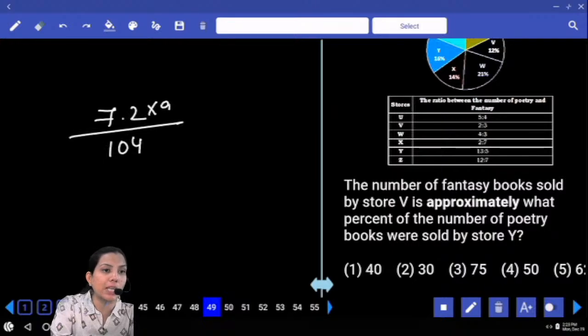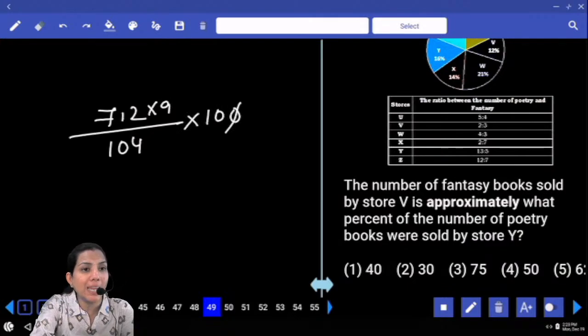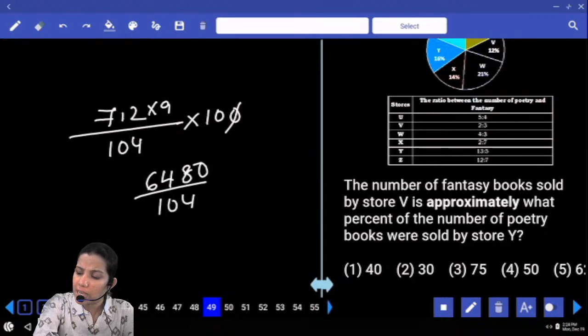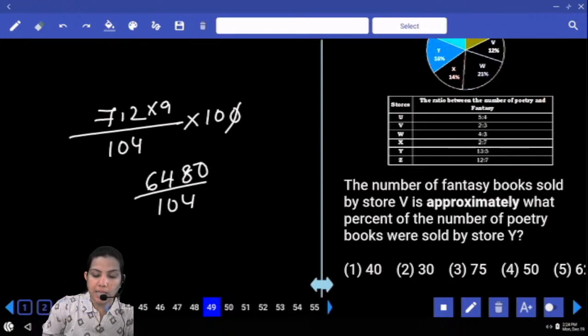Here we can write by 9 into 100. Keep the 0 and 0 aside. 72 9s. 70 9s are 630 plus 18, it is 648 by 104. There is one more 0 here. So it is definitely 60 plus, less than 70, more than 60. How many options are there? Only one, that is the answer.